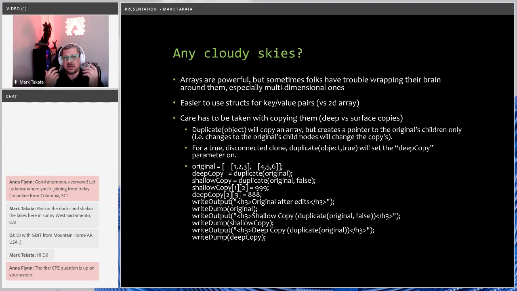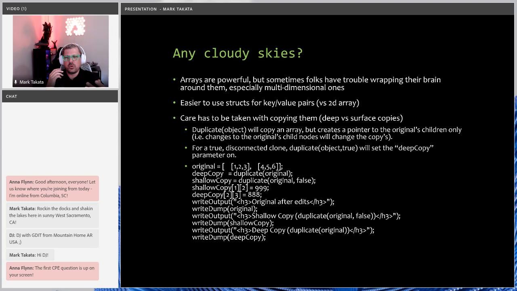Duplicate is a built-in function in ColdFusion that allows you to copy an array. But there's a caveat there. And for those of you who went through CS in college, you might know about things like pointers versus cloning.